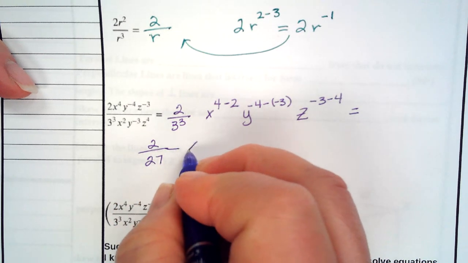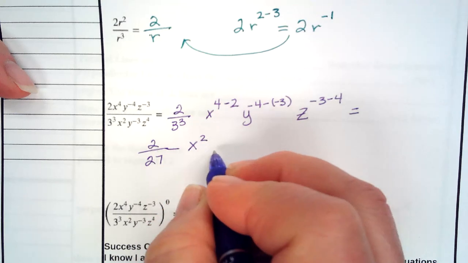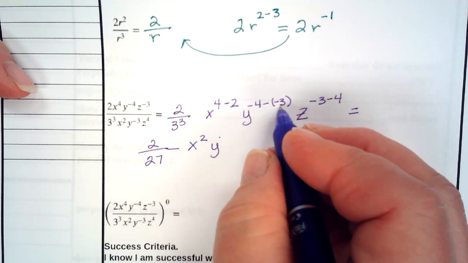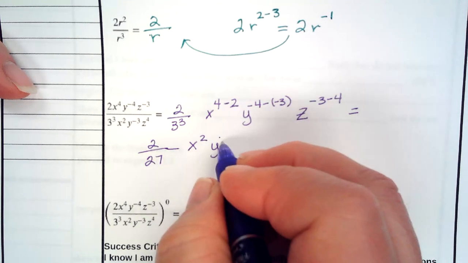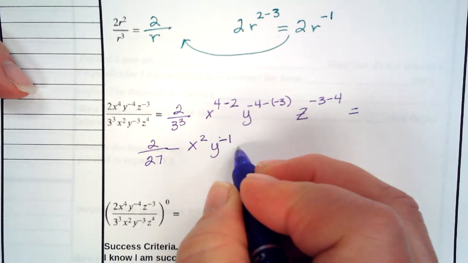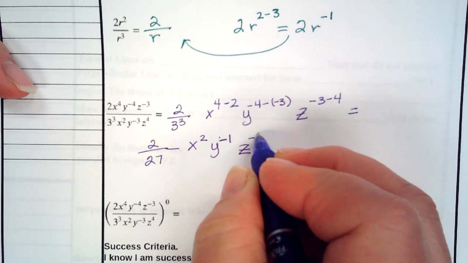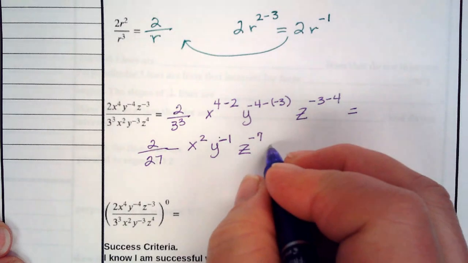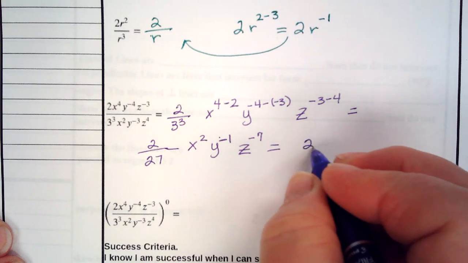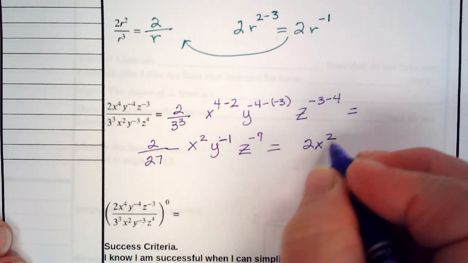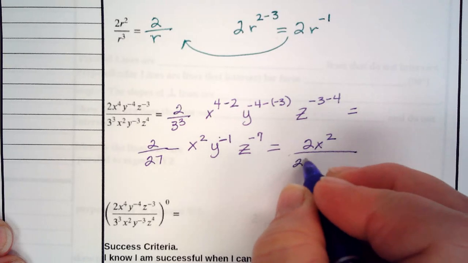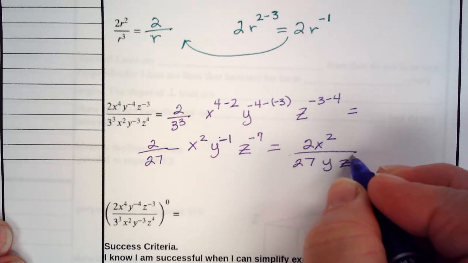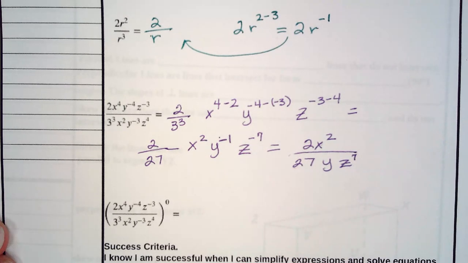Then we'll have x squared, y to the negative 4 minus negative 3 is negative 4 plus 3. That leaves negative 1. And z to the negative 7. Can't have negative exponents, so let's clean it up. 2x squared over 27, y to the first, z to the 7th, and we're done.